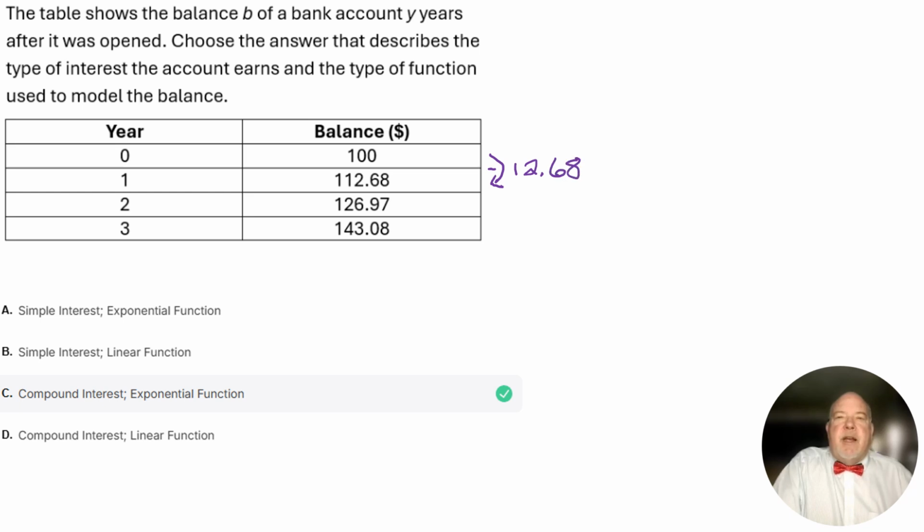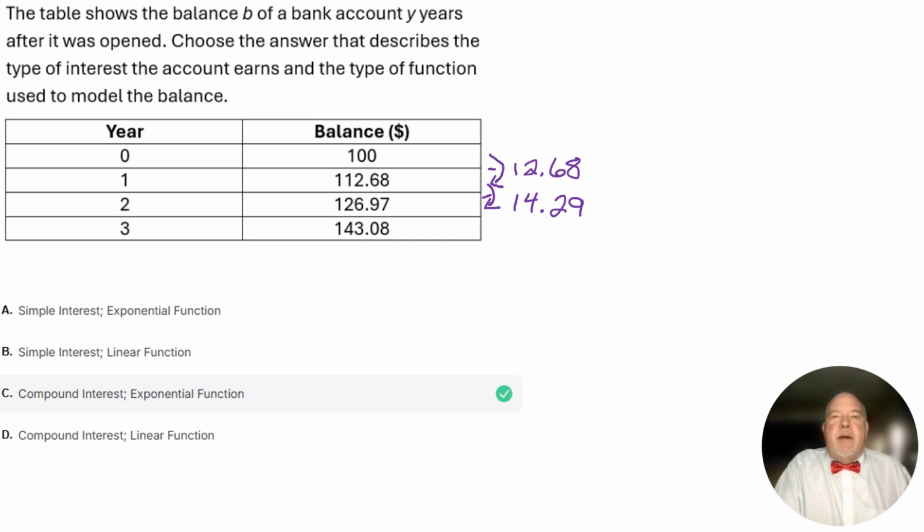If I go to the next two values and subtract those, I get 14.29, I think. I can stop there because you can see it's not a constant change. It's not the same every time. So it is not simple interest.